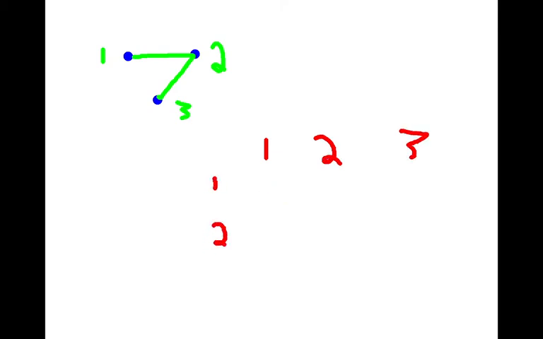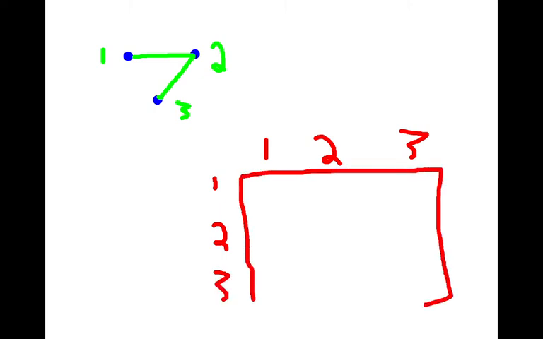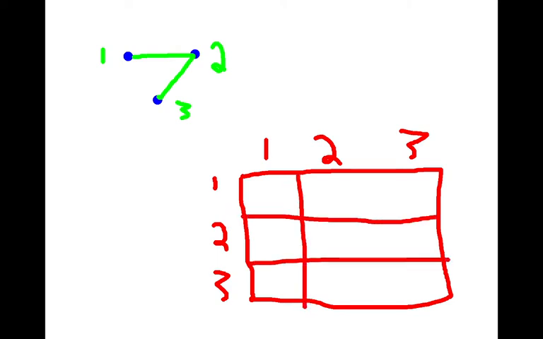For example, these are 3 nodes, and now let's say this is node number 1, this is node number 2, and this is node number 3. Now this adjacency matrix will be a 3 by 3 matrix, 1 2 3, 1 2 3. It's a matrix, a 2D array.